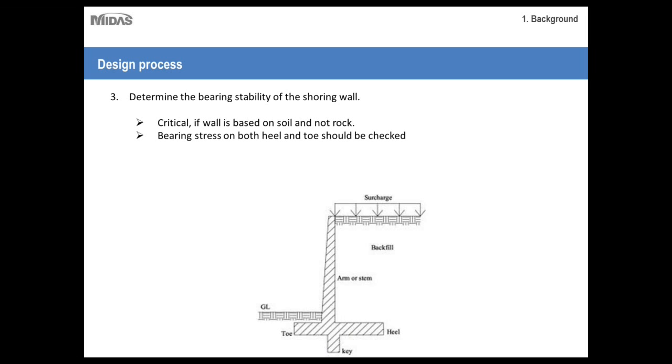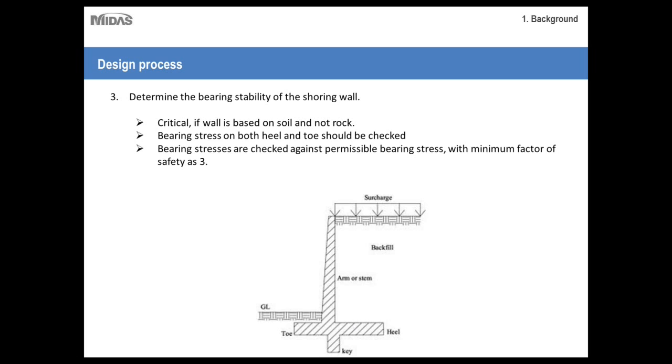And the bearing stresses should be checked for both the heel as well as the toe, because if the system is mobilized and it goes for an overturning failure, then the stresses at the toe would increase and at the heel would reduce. So we have to consider the bearing stresses at both locations.